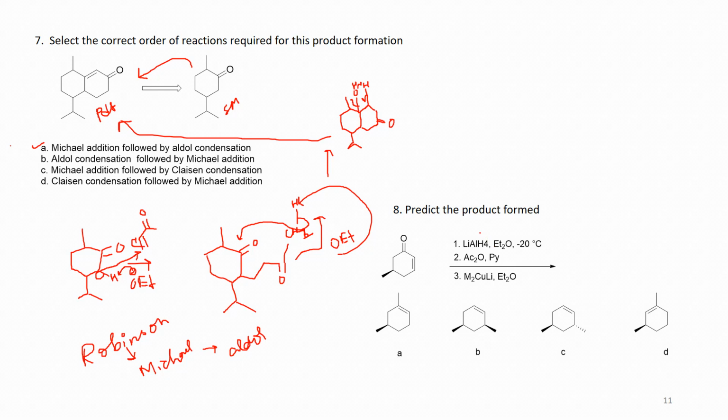So this lithium aluminum hydride will give an H minus source, like in the previous reaction, that will attack this beta position. As there is an Ac2O group, the O minus will attack the acetyl group, forming OAc.